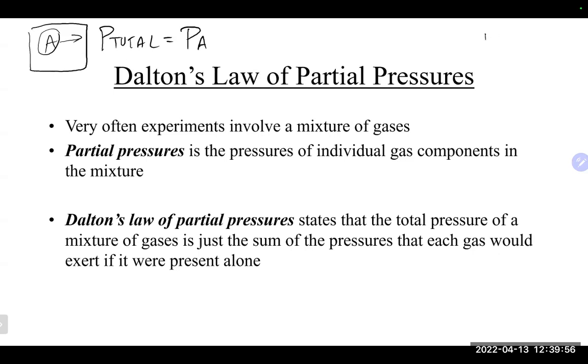Oftentimes, though, gases come as a mixture of gases. So maybe we have A gas molecules, B gas molecules, and C gas molecules flying around in the same container.